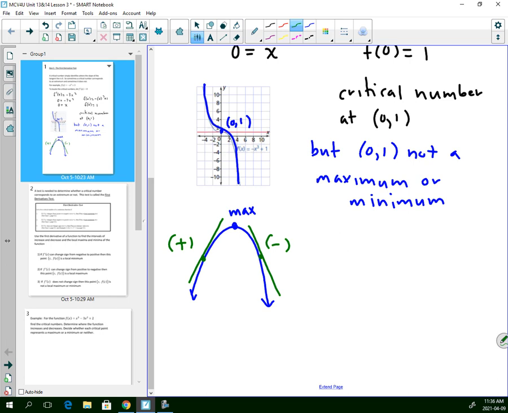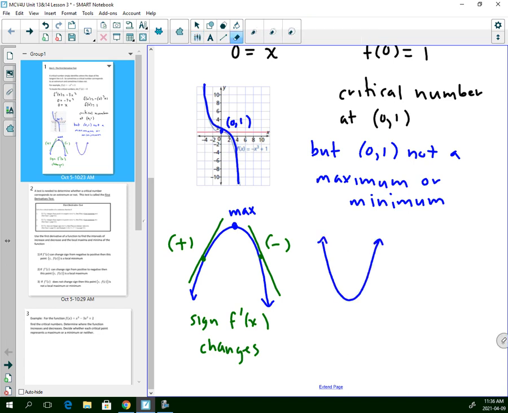So the sign of the slope of the tangent changes. Right, it goes from positive to negative. If we had a graph that looked like this, the slope of the tangent on this side would be a negative value. The slope of the tangent on this side would be a positive value. So again, when we have a minimum value, the sign changes.